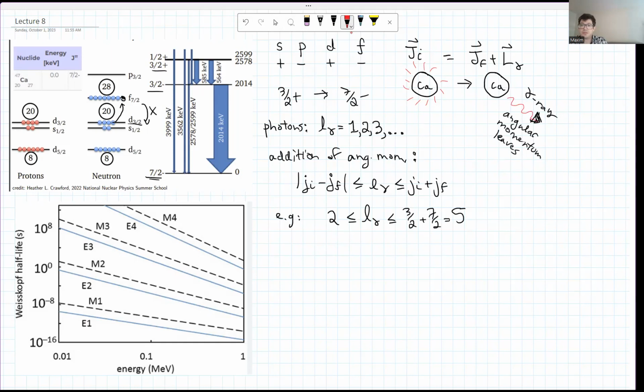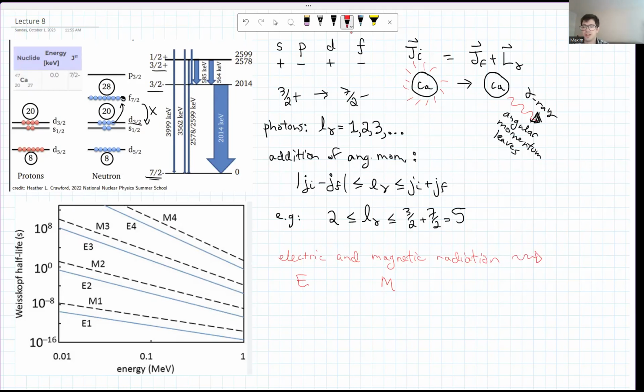So there are two kinds of radiation: electric and magnetic radiation. These are labeled with E for electric and M for magnetic.